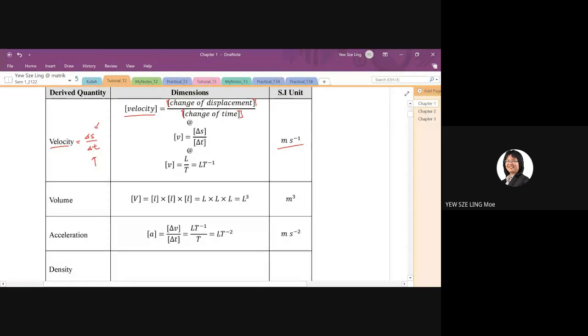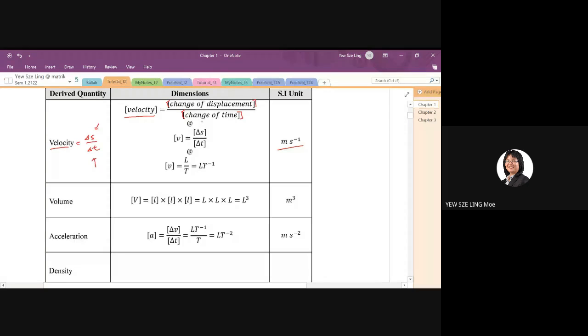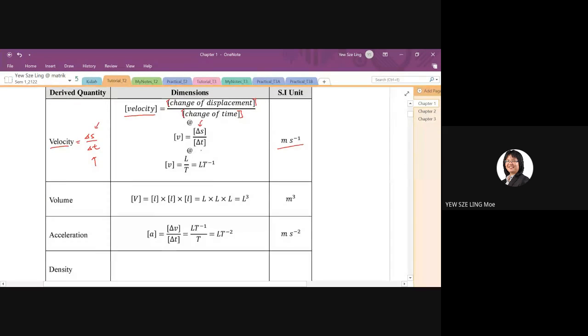All right, so now that I'm ready, I want to do the derivation. Next, I'm just going to put in the symbols. Change of displacement symbol is del S, change of time is del T. So after that, what am I going to do? Now try to think. In dimensions, how many basic quantities do we have?